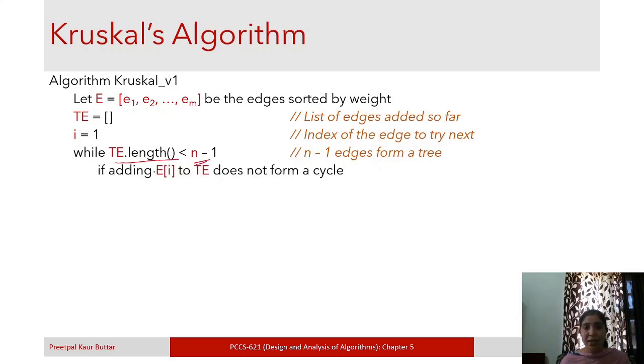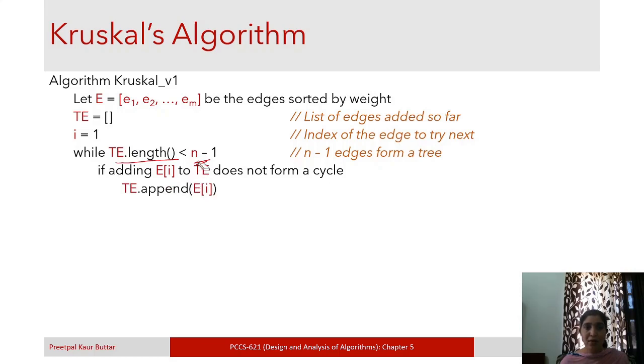and for each edge we will add it or we will not add it, depending on whether adding the edge forms a cycle or not. So if adding an edge EI to the spanning tree does not form a cycle, then we will add it.